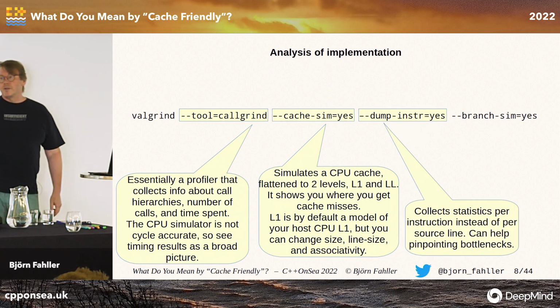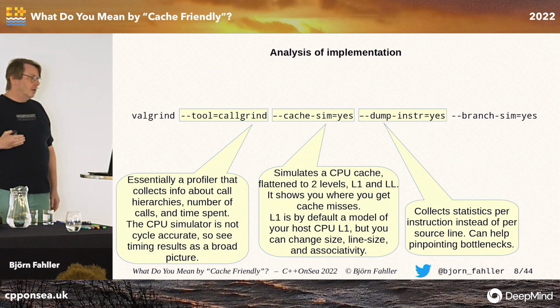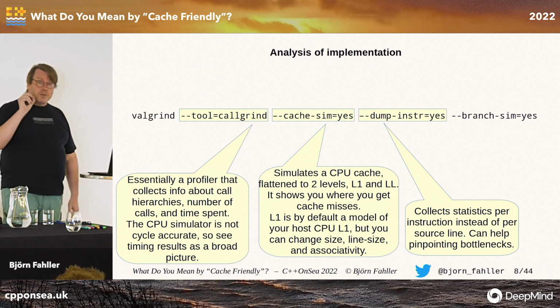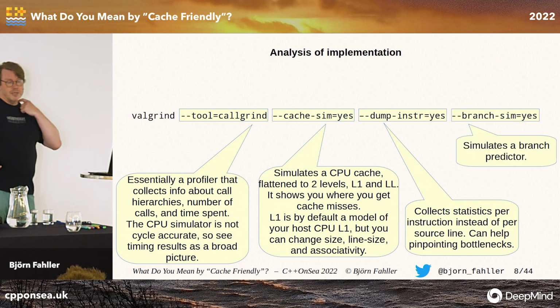And then I say dump instructions, because normally CallGrind does the dump information per source code line. But I want to see per instruction what's happening. And I also want to see branch sim.